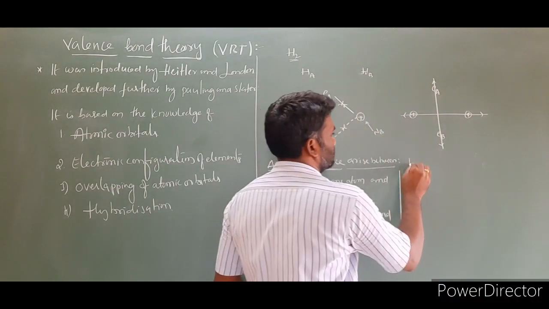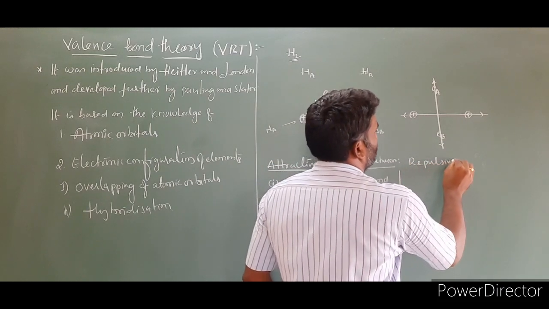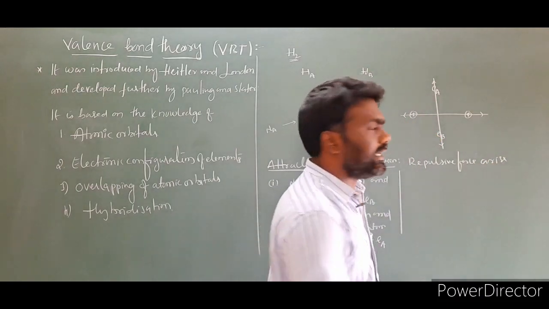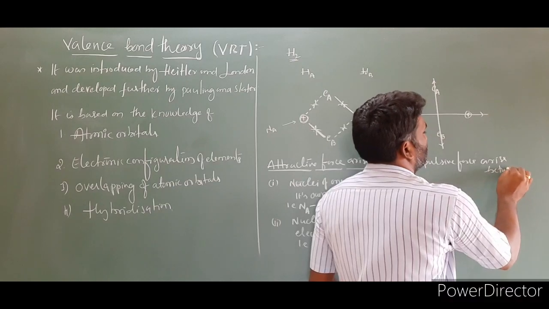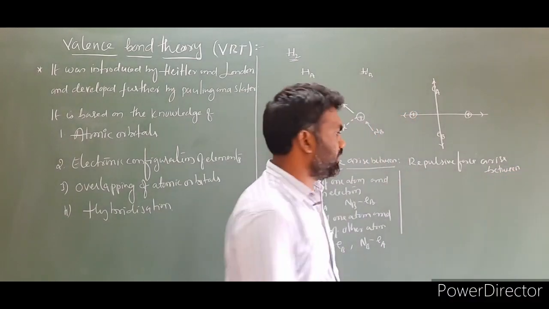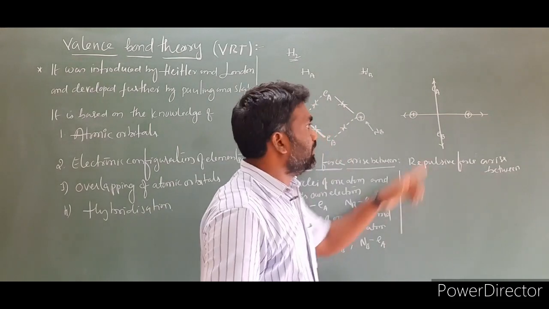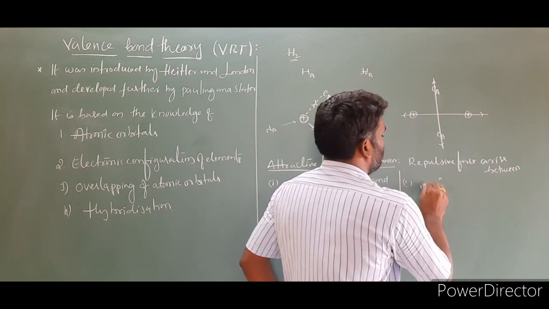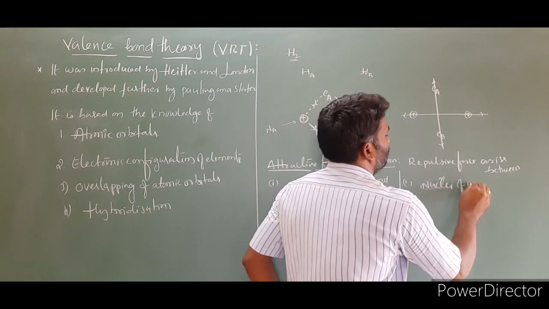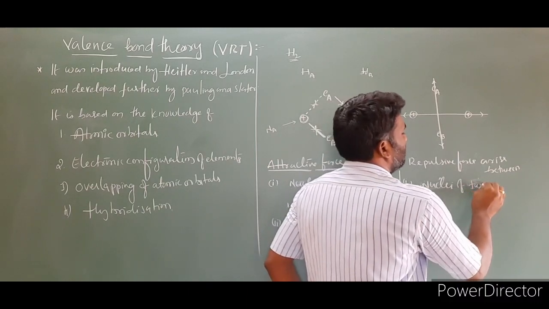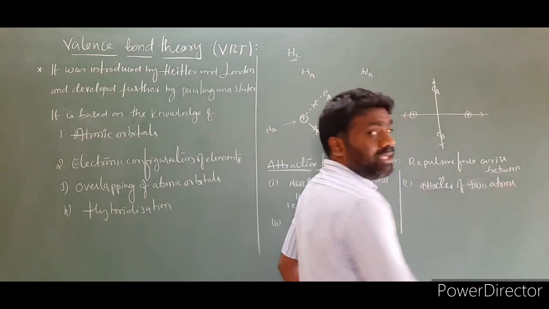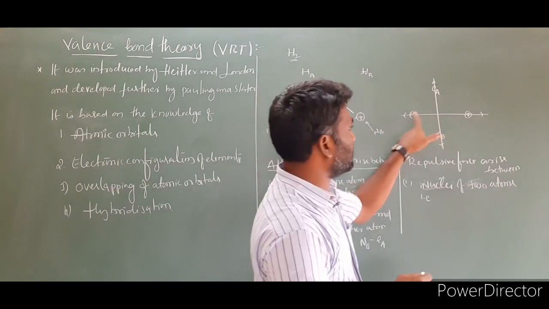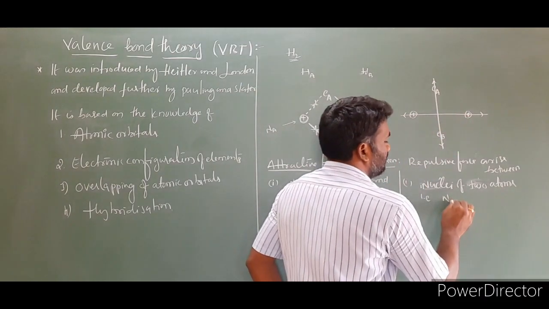Then we can write the repulsive forces. Repulsive forces arise between, first, the nuclei of the two atoms, that is, Na and Nb.